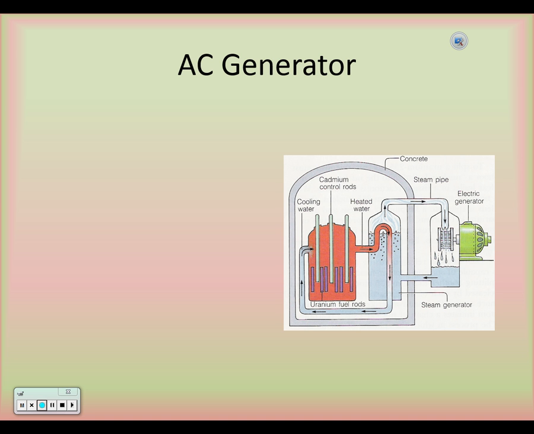And if a coil of wire turns inside of a strong magnetic field, we get current. The setup of the generator is exactly the same as the hand crank generator, or the flashlight, or the bike at the Science Center. It's just a bigger scale.